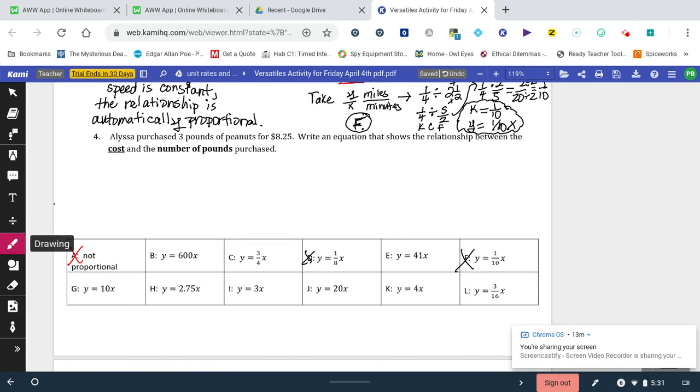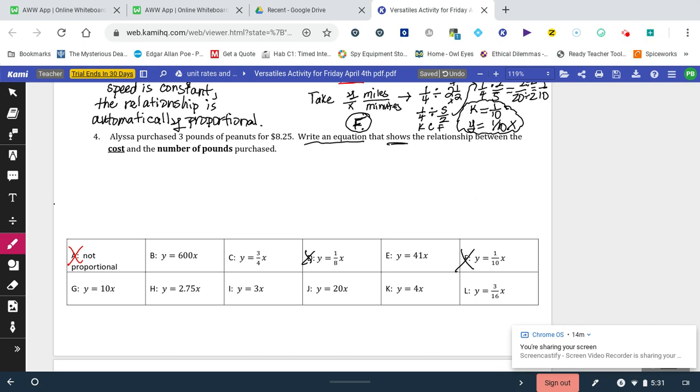And it says Alyssa purchased 3 pounds of peanuts for $8.25. You want to write an equation that shows the relationship between cost and pounds is proportional. So we're automatically assuming that it's proportional because we're going to start off writing the equation. And it says that shows the relationship between cost and the number of pounds purchased.